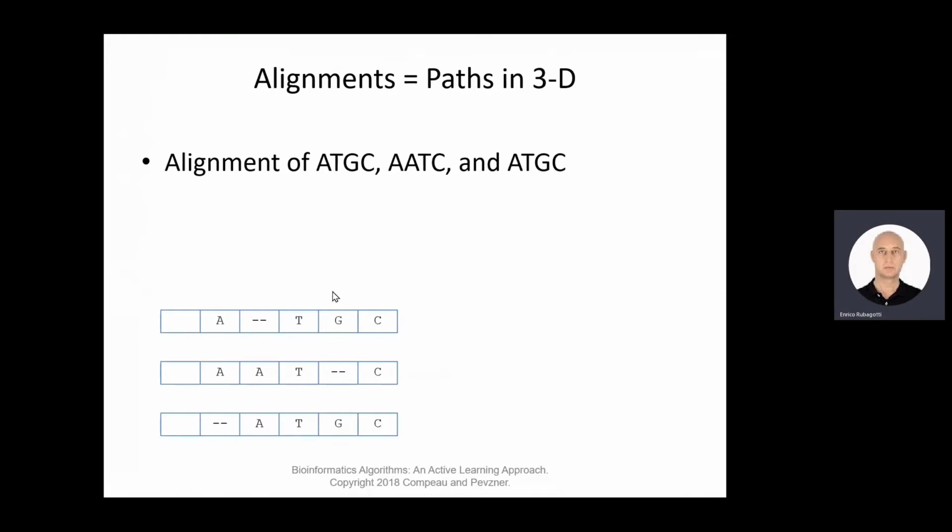In this case, we have to remember that while a pairwise alignment was a 2D alignment, a multiple sequence alignment will be a 3-dimensional alignment where we have 3 sequences.